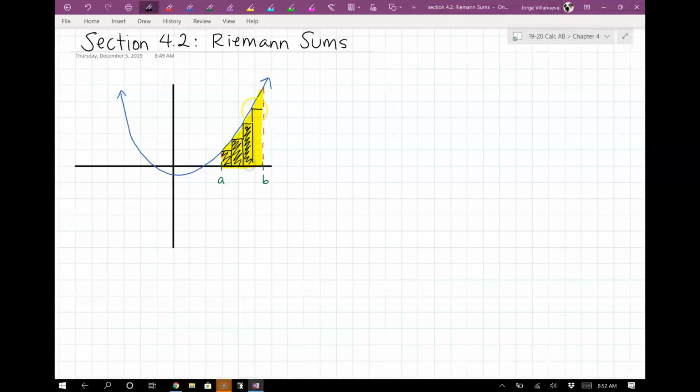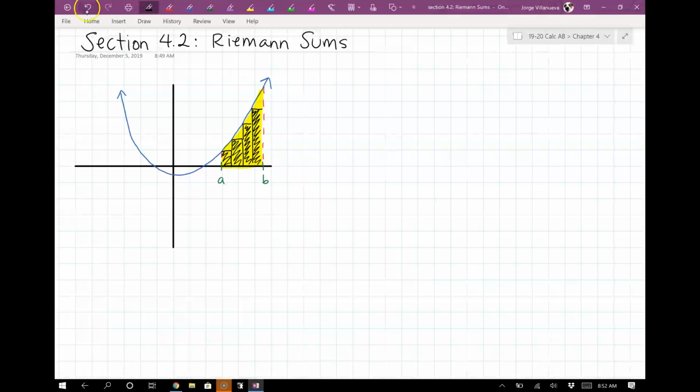Just kind of watch, because I'm going to change this picture right now. By finding out the area of those rectangles, I can get an approximate area under that curve. Do you guys understand that? But would that be a good approximation? No. Would it be an over or an under approximation? Under, right? So he said, okay, that's an under approximation.